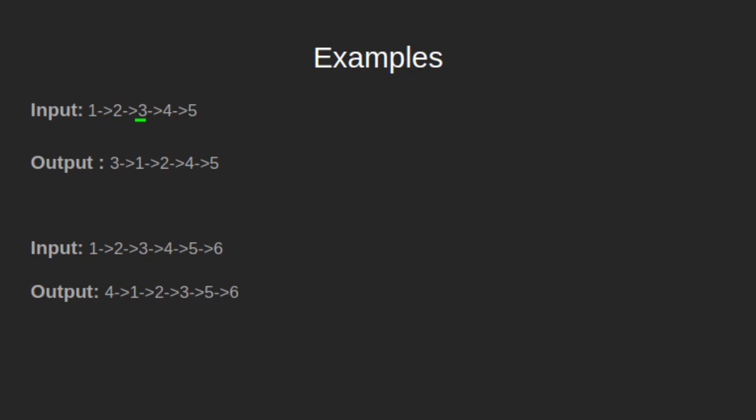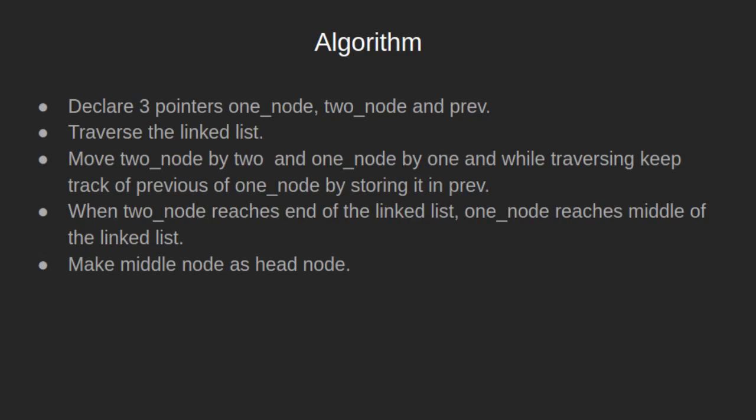Since number of nodes are even, we will make second middle node, which is 4, as head node. So after making middle node of the linked list as head node, output will be 4, 1, 2, 3, 5, 6.